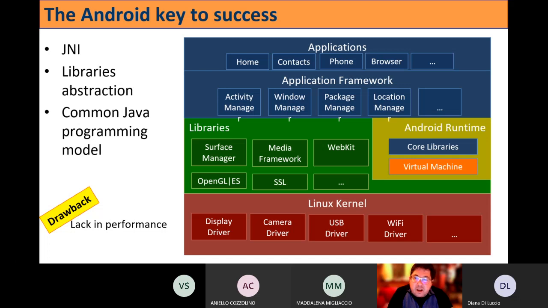Just analyzing the Android architecture, we can understand why Android was so successful. Basically, there is a complete decoupling between the underlying Linux kernel and libraries like WebKit, Media Framework, SSL, SQLite, whatever, and the application framework and the applications that are written mainly in Java.